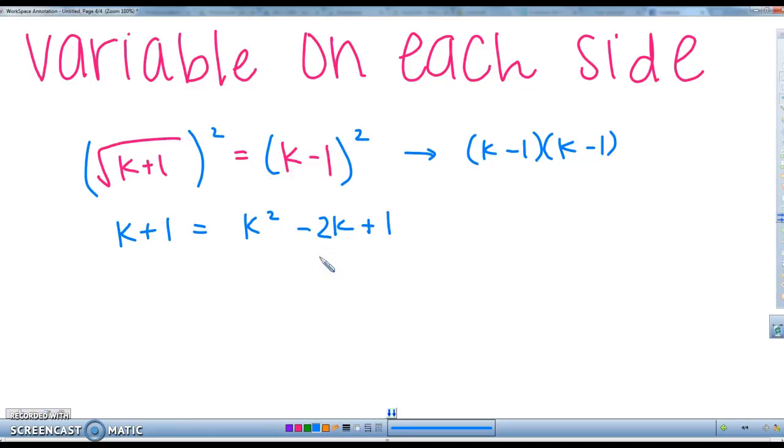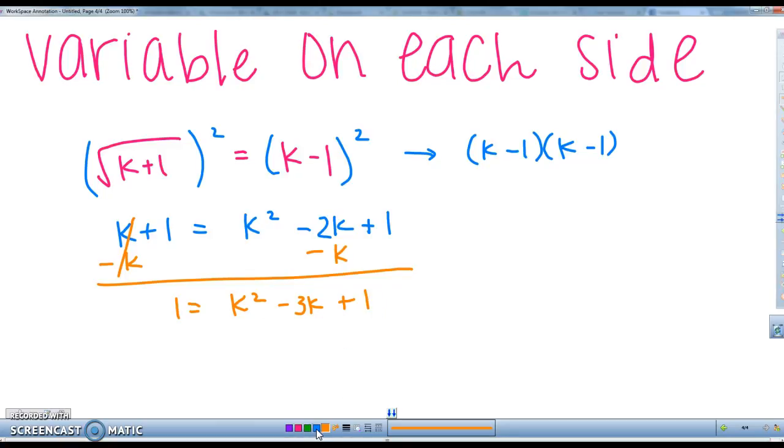And then I can start moving things into one equation. So I started this problem by subtracting k's off both sides, and I'm going to line up where that goes. That way these cancel. I get 1 equals k squared minus 3k plus 1. Then I really also want to get rid of this 1 so that I can set it equal to 0.